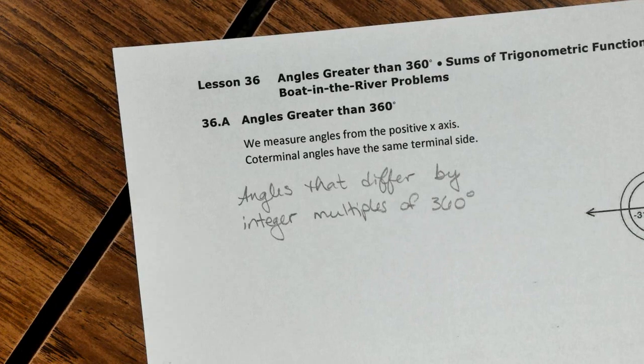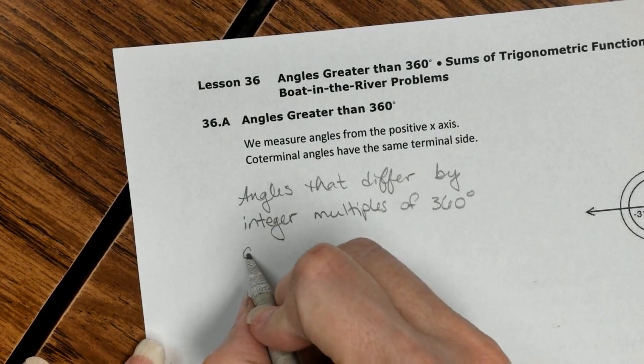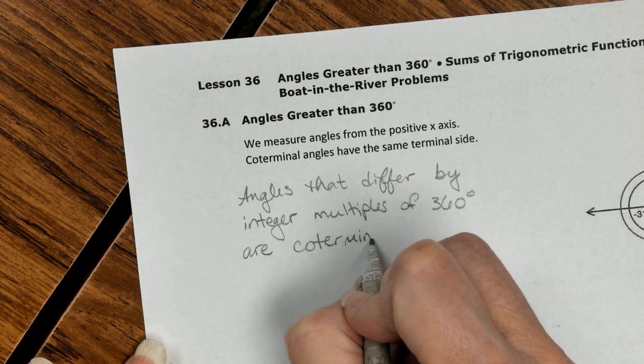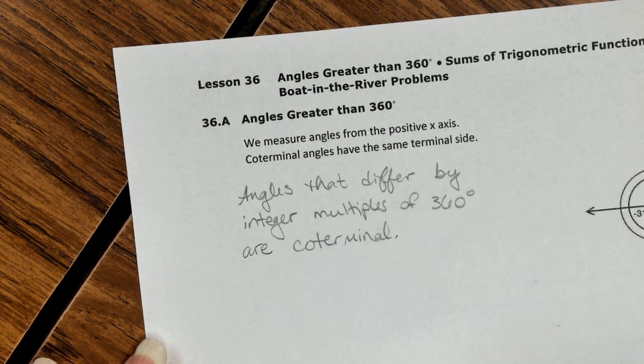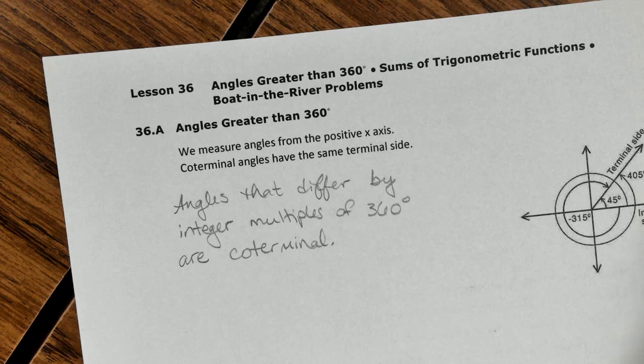Any angles that differ by multiples of 360 degrees are coterminal. And again, the significance of that for us is that it gives us the same triangle, so whenever you're finding sine or cosine, you often can still use your special triangles for those.